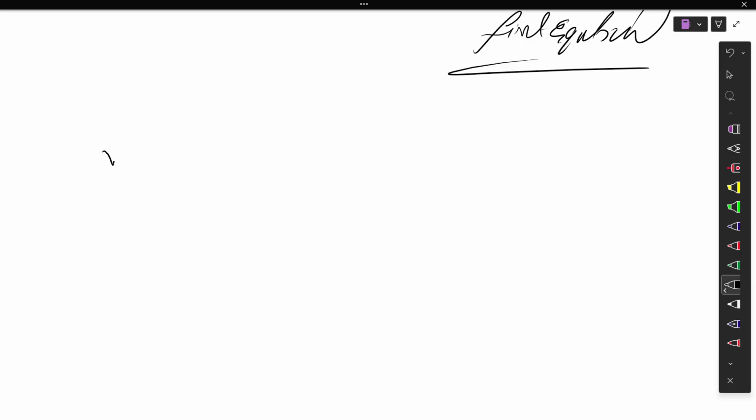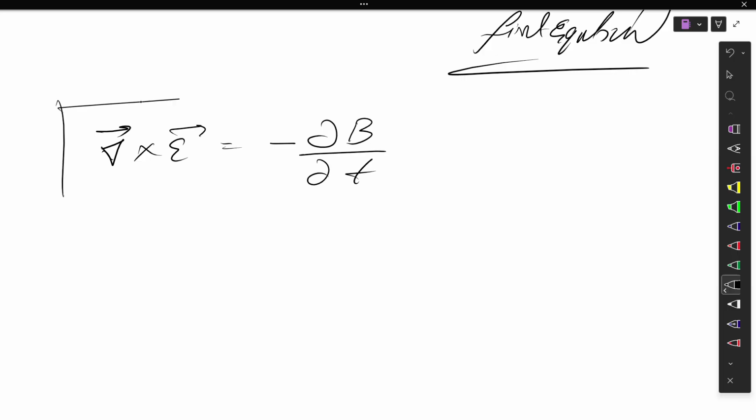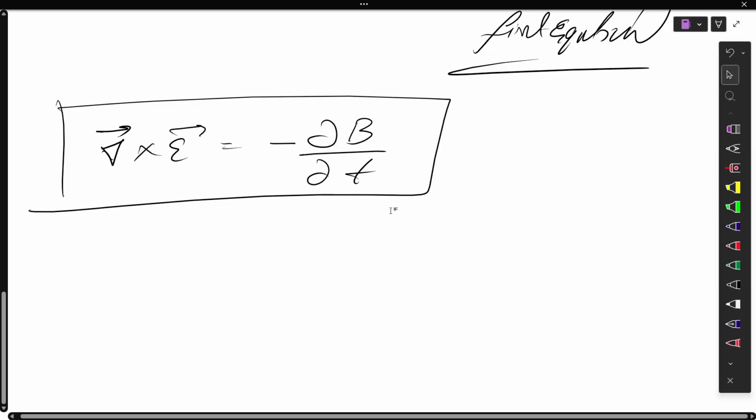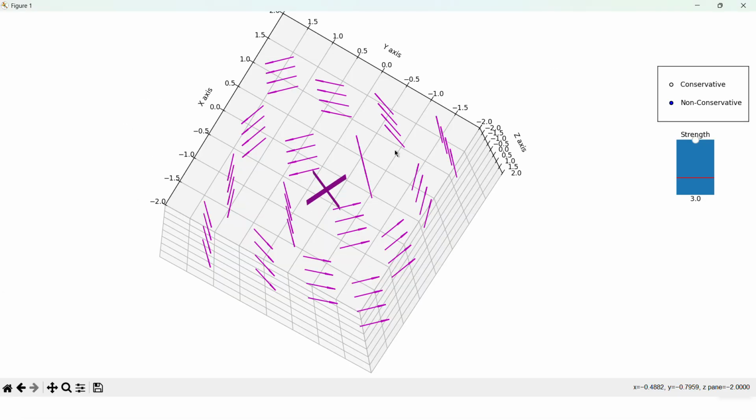Faraday's law says that nabla cross E, that is the curl, is not zero, in general, not always, but in general. So it gives minus del B by del t, as you know, when the magnetic field is changing with time. This is what Faraday's law tells us. So this is non-zero, and the paddle wheel spins in this case like this.